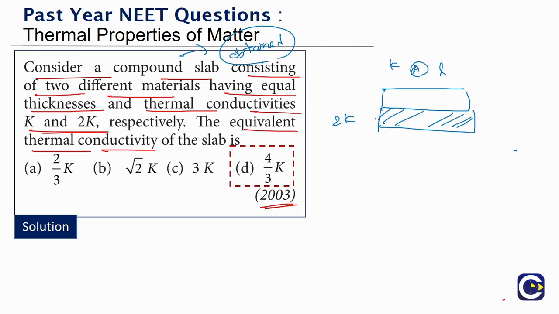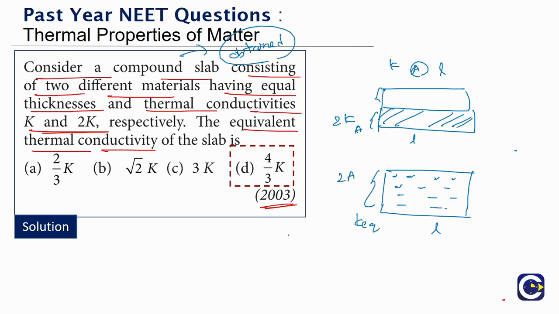Conductivity is 2K, area is A, and length is L. We replace both of them by an equivalent slab, which means its length will be L, but area of cross section will be 2A. A plus A will be 2A. And the equivalent thermal conductivity is K equivalent.